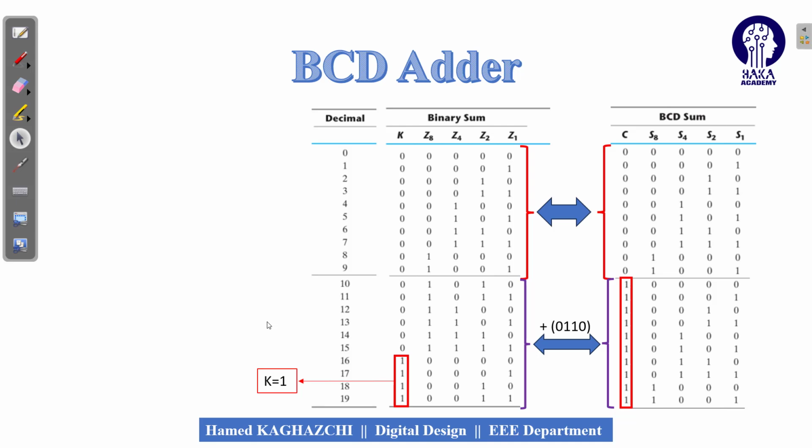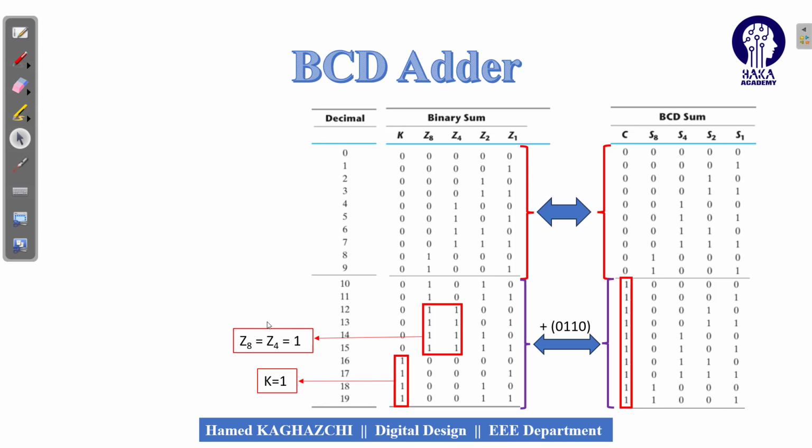Now look at the rest of the numbers. In the numbers between 12 up to 15, you can see that when Z8 and Z4 both simultaneously are equal to 1, again we have to add 6 to the result to get the correct result. What about 10 and 11?